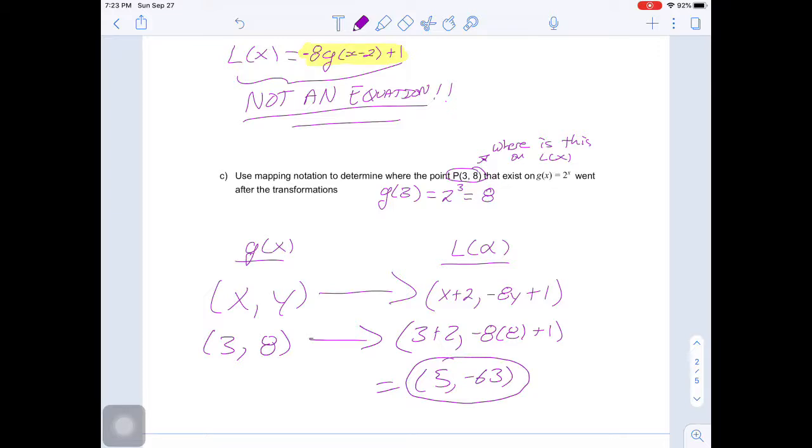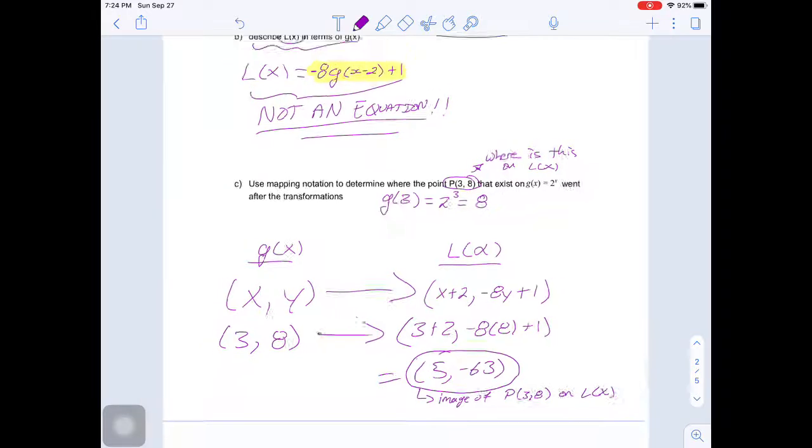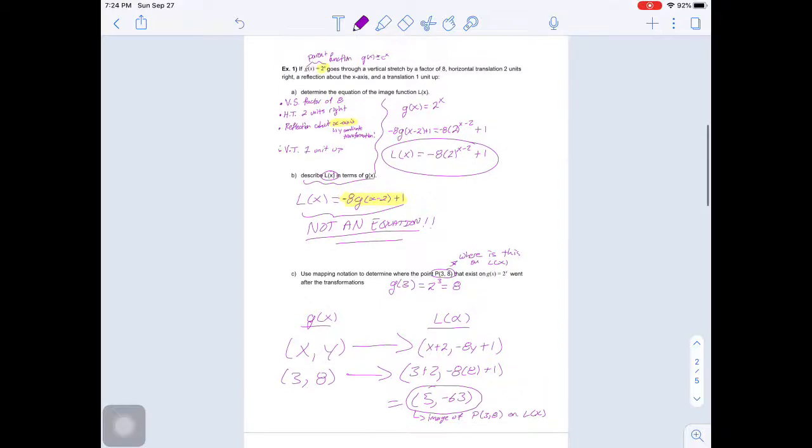And there's where the point P ended up. So this is the image of P (3, 8) on L of x. Hopefully that was a good review of everything and of how to actually apply these transformations.